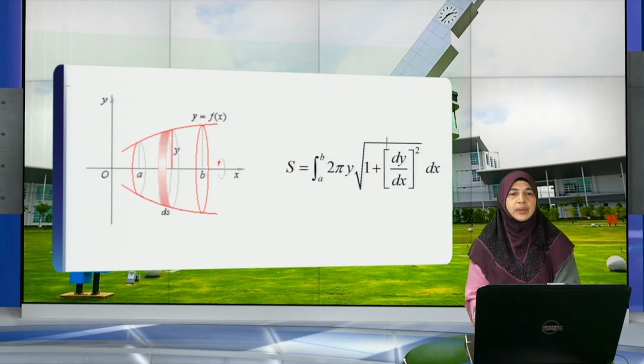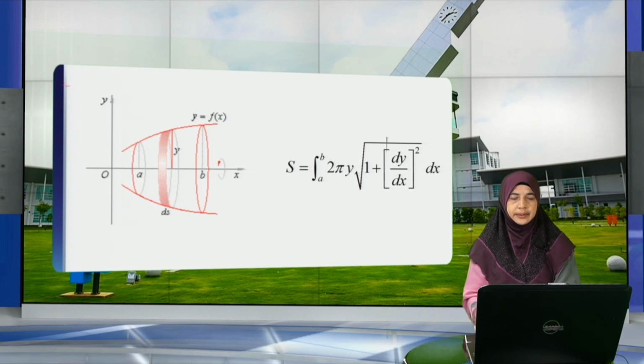So we multiply 2 pi y, which is the circumference, by this small ds here, and we will get the surface area of that small strip. So to find all the surface area resulting from this function revolved about the x-axis, we integrate from a to b 2 pi y square root of 1 plus (dy/dx) squared dx.